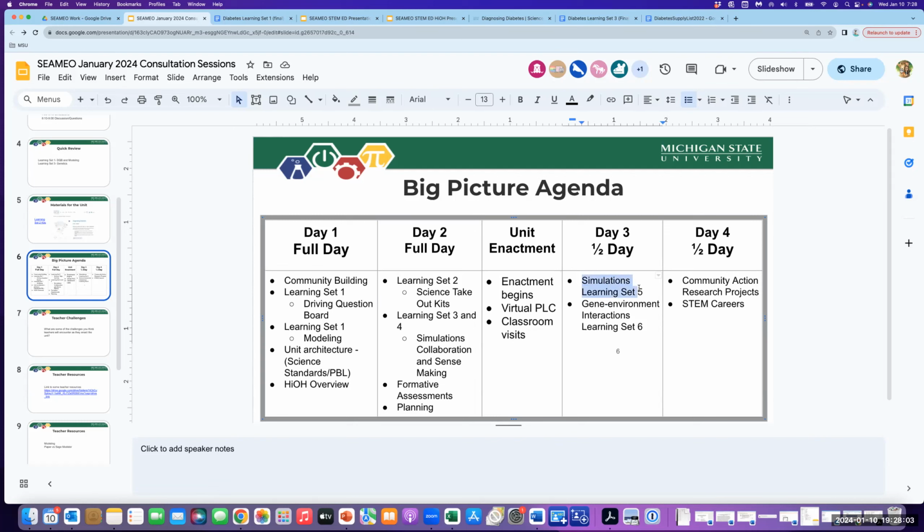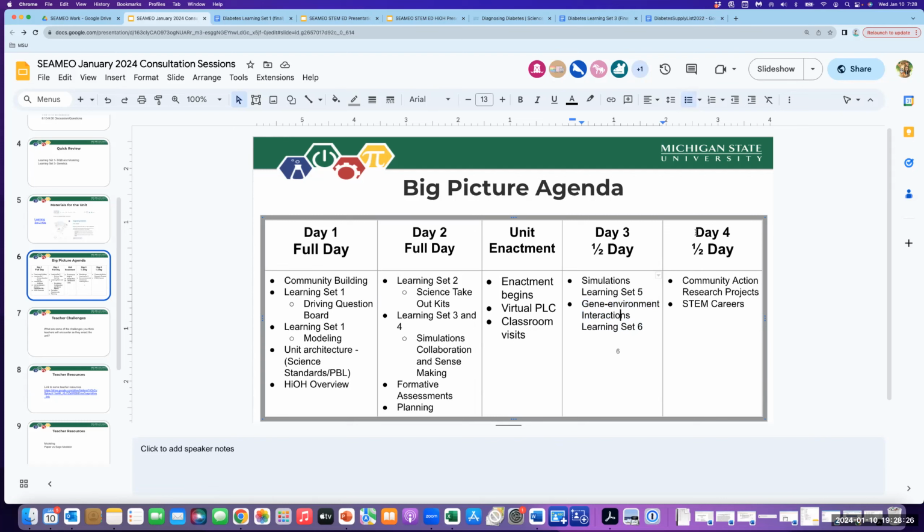But this is the time where we typically go over learning set 5, which is another simulation that we can look at later today or this evening. And we also go over learning set 6, which focuses again on gene environment interactions, and students are focusing more on the environmental, which is food choices.